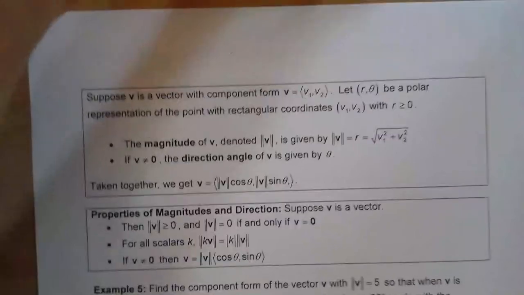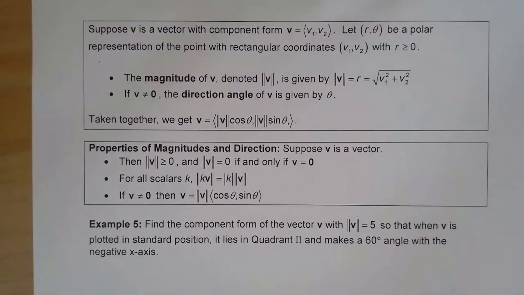Alright, so here we go. We're getting into our polar stuff, guys. Suppose v is a vector with component form v equals v1, v2. Let r theta be a polar representation of the point with rectangular coordinate v1, v2, with r being greater than or equal to 0. So here are some things we can get from it.